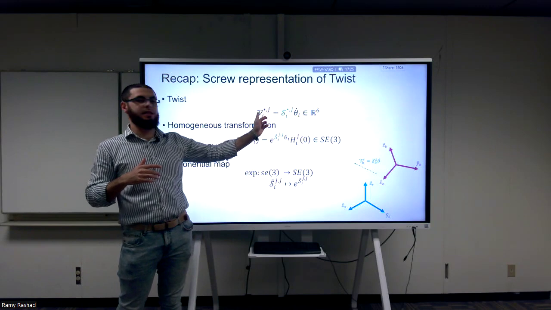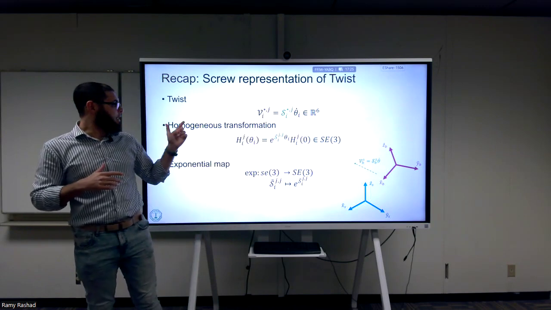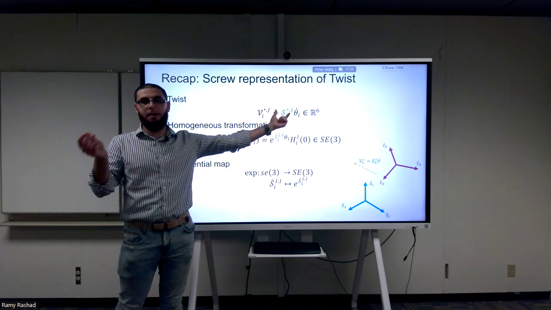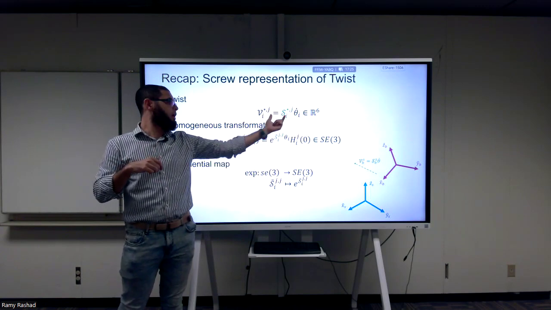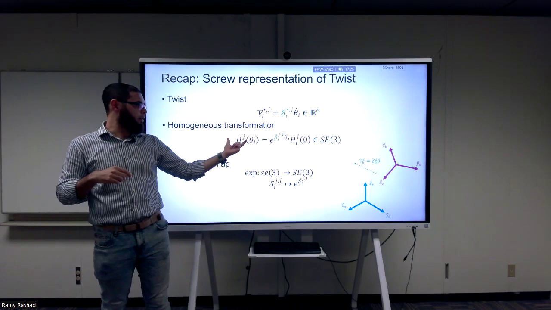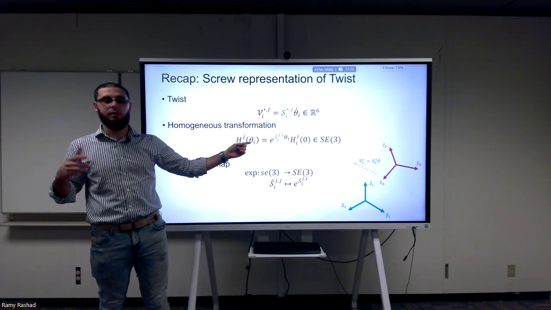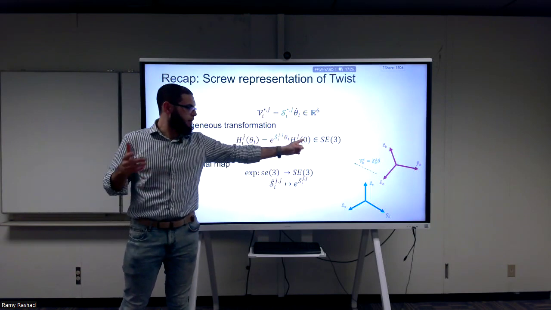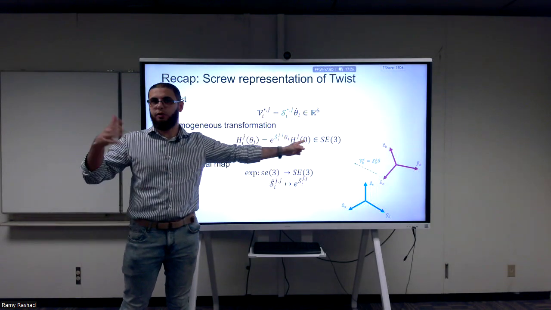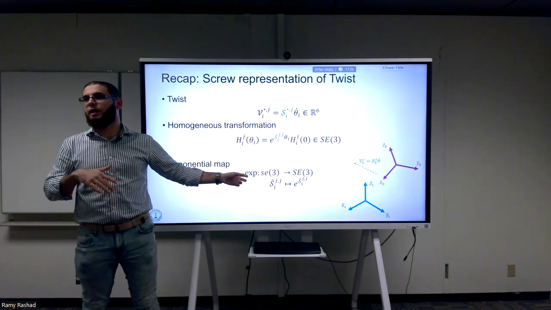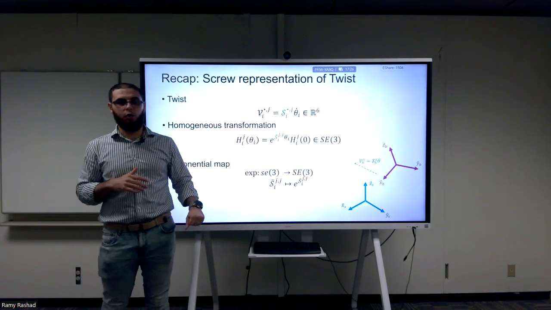So this is 6 numbers and this is 6 numbers. When we take the exponential map also of the tilde map of this screw, we can now relate the homogeneous transformation at any angle with respect to the initial configuration or the initial pose that we have between these two frames. And this exponential map also goes from the Lie algebra of SE3 to the Lie group.